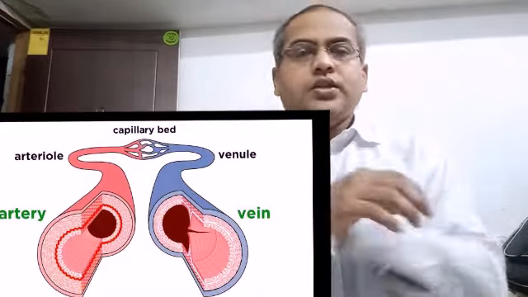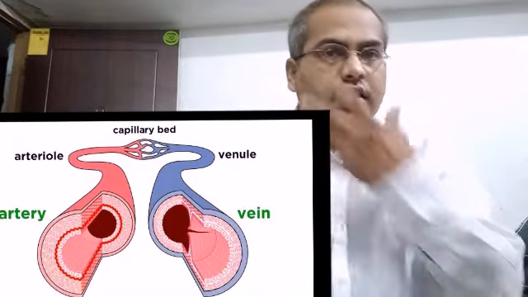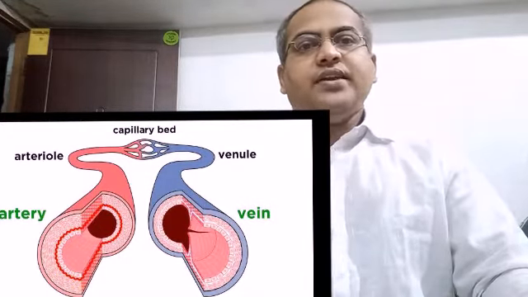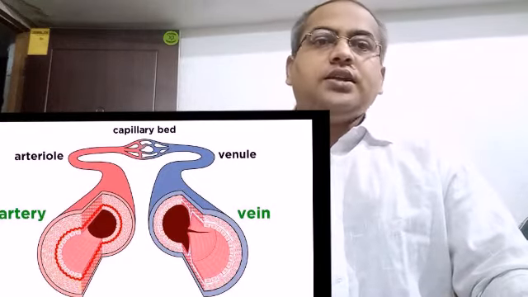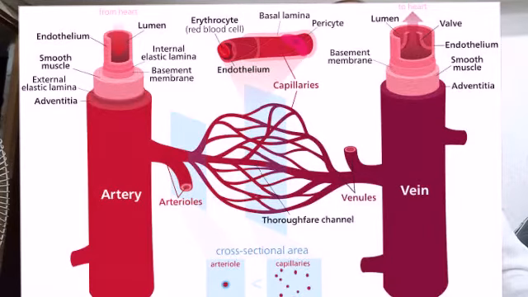Veins situated on the surface areas of the body carry deoxygenated blood towards the heart, and from the heart this deoxygenated blood goes to the lungs, where carbon dioxide is removed, and the blood again gets oxygen, and through the pulmonary vein it comes back to the heart. So these are the main functions of blood vessels, that is arteries and veins.